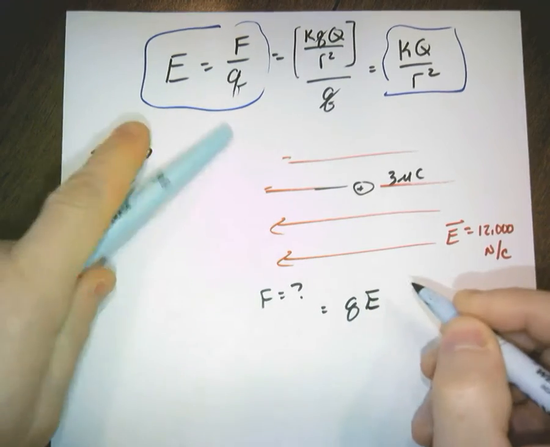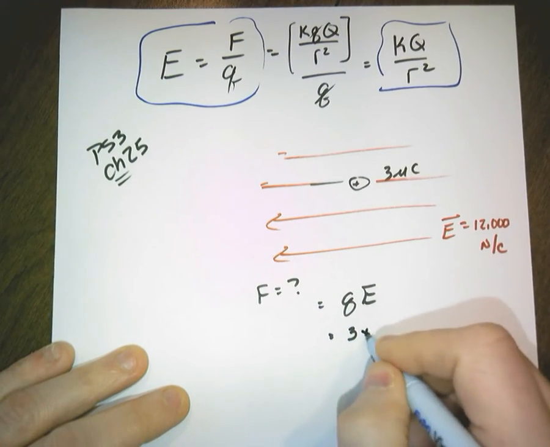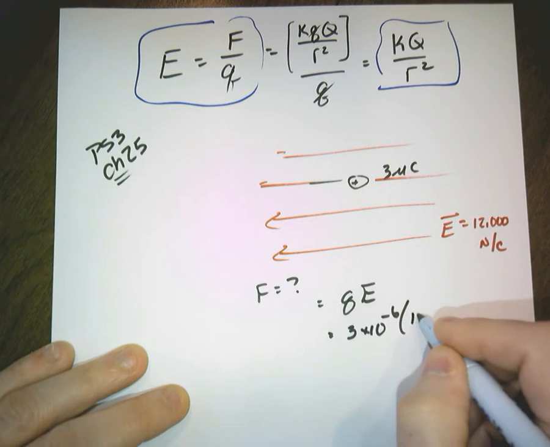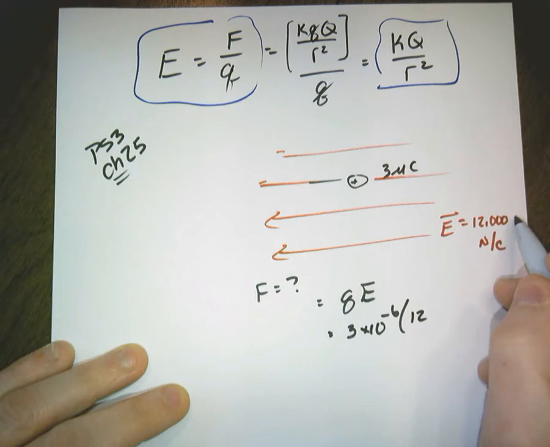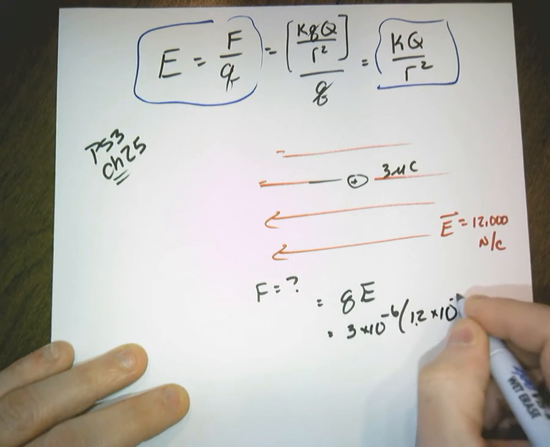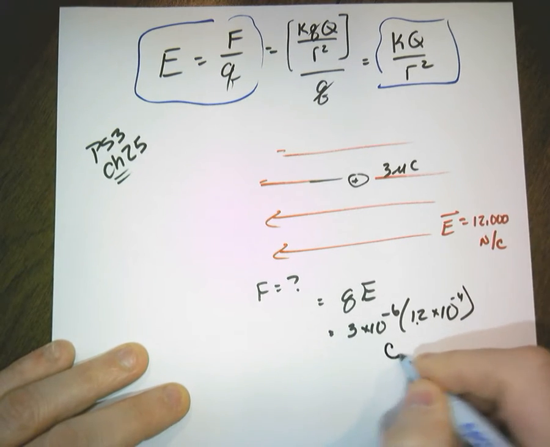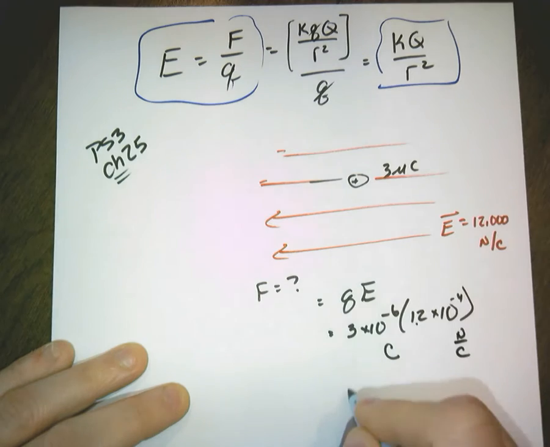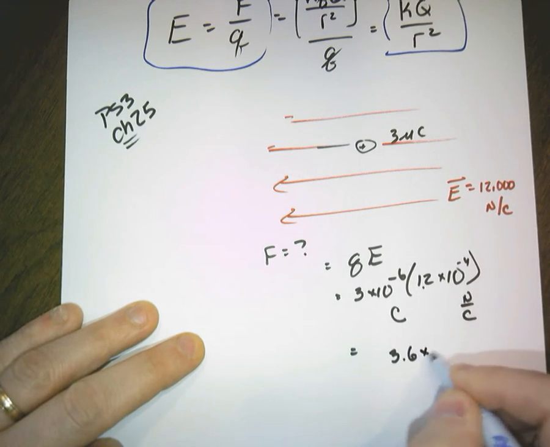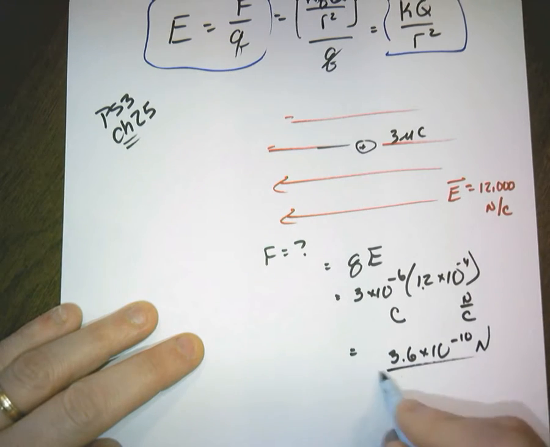This is going to be QE: 3 by 10 to the negative 6 coulombs times 1.2 by 10 to the 4 newtons per coulomb. This is going to be 3.6 by 10 to the negative 2 newtons.